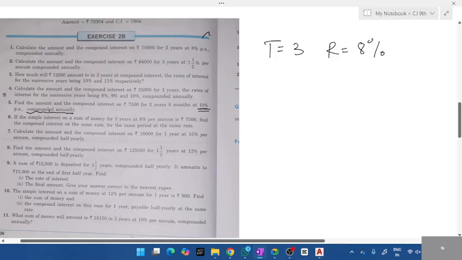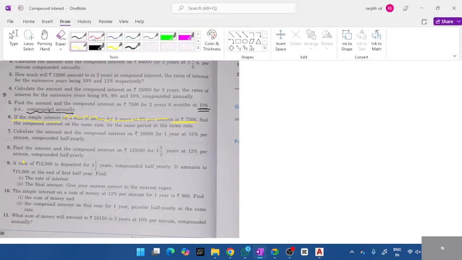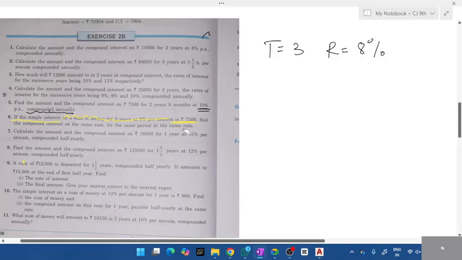Read and tell me. Just ignore all these words. If the simple interest is rupees 7,500, right? So what is this 7,500? It is simple interest, students, not principal.